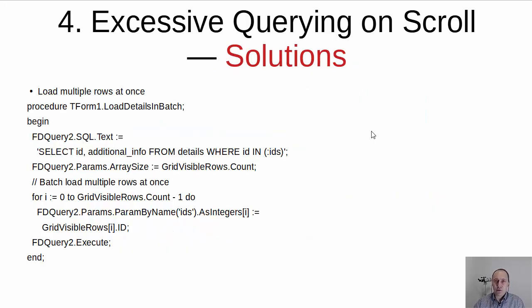How could we solve this problem? For example, in the case of a grid, you cannot perform a specific query for every record, but instead, as is shown on the slide, you can calculate several IDs and perform only one query with several parameters using IN or something like this.